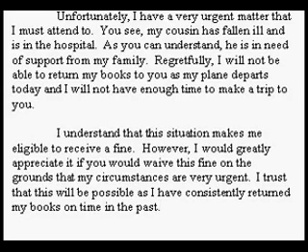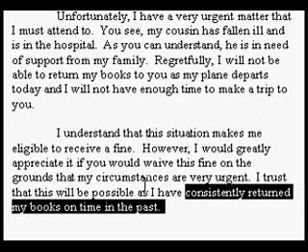Okay. Now, once again, from the beginning of this last paragraph, I understand that this situation makes me eligible to receive a fine. However, I would greatly appreciate it if you would waive this fine on the grounds that my circumstances are very urgent. I trust that this will be possible as I have consistently returned my books on time in the past.